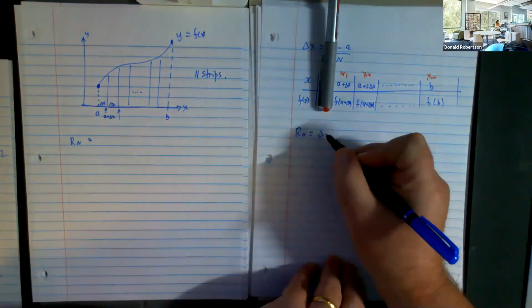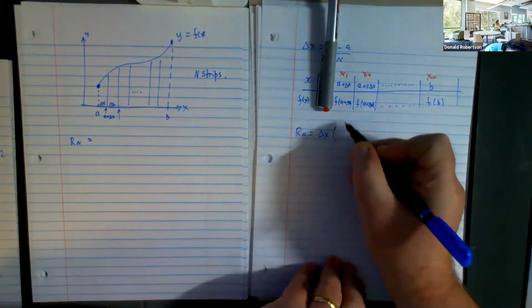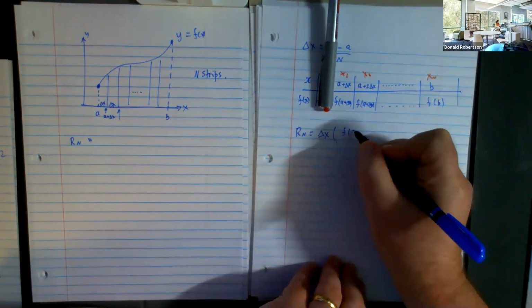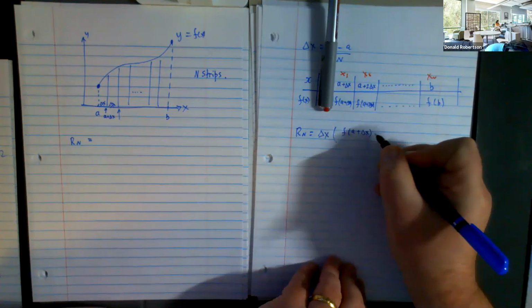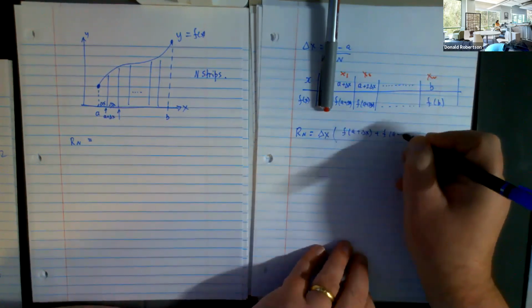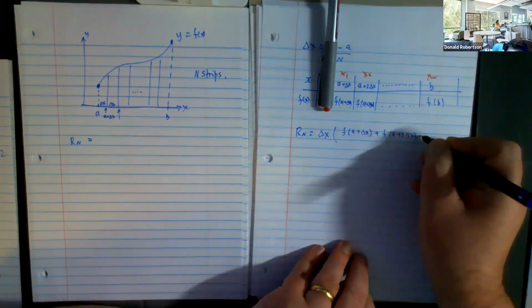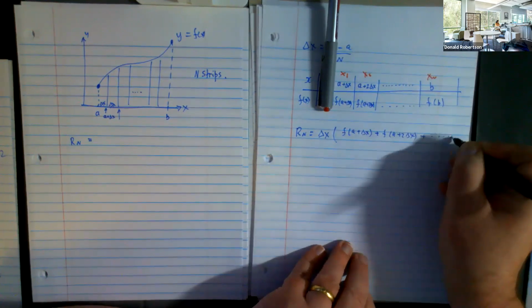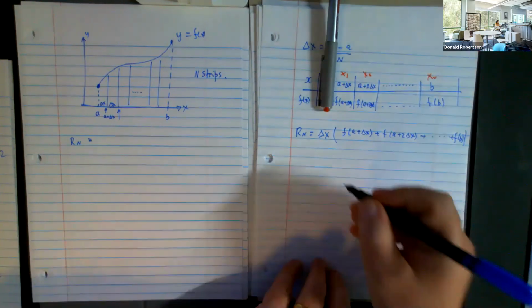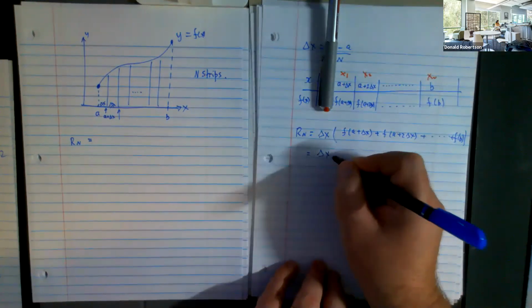You would get delta x and these guys added. So it would be f of a plus delta x, plus f of that guy, all the way to the end. I'm just going to rewrite this slightly differently.